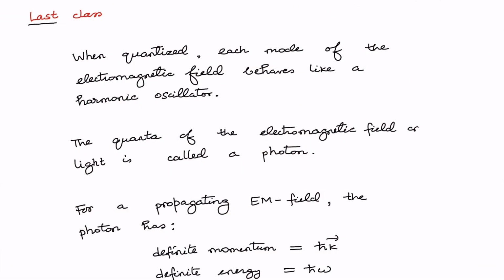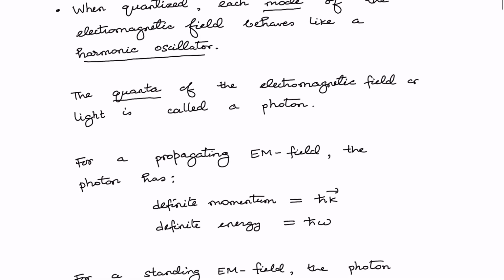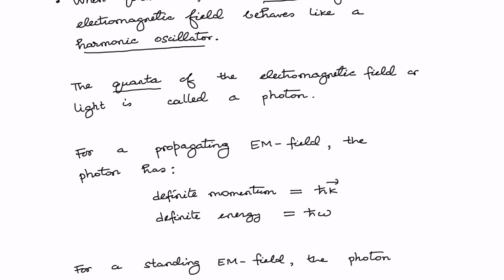In the last class, we learned that when quantized, each mode of the electromagnetic field, or light, behaves like a harmonic oscillator. Now, the quanta of the electromagnetic field or light is called a photon. However, there is a subtle difference between the nature of the photon for the case of a propagating electromagnetic field and a standing electromagnetic field.